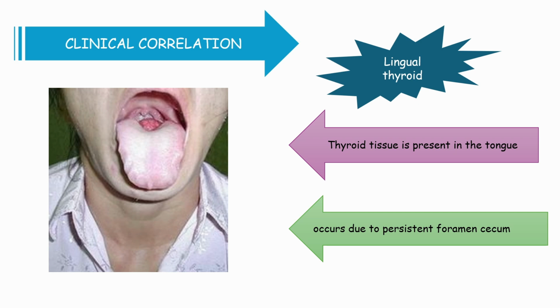That is the primordia for the development of the thyroglossal duct which forms the thyroid gland. So if there is persistence of this foramen cecum, it results in lingual thyroid. We will see this lingual thyroid either under the mucosa or within the muscles of the tongue.